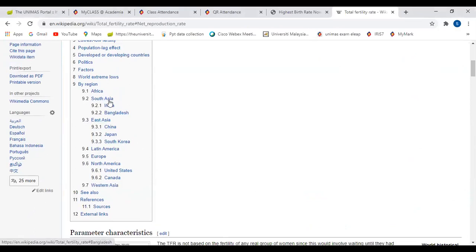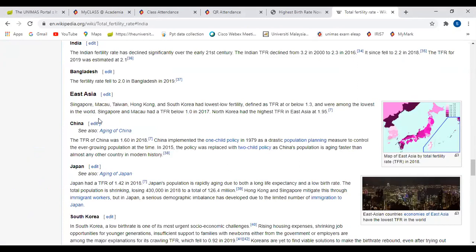And if you want to go by regions, you can see all those data, for example in Asia, what the current trends are and so on. You can see it here. Wikipedia is also good, but you cannot rely on it 100%.